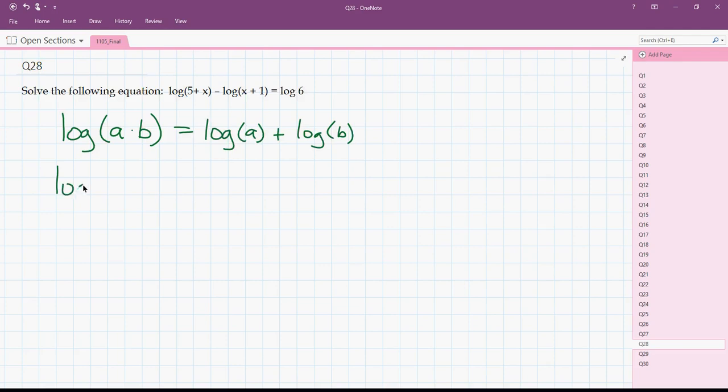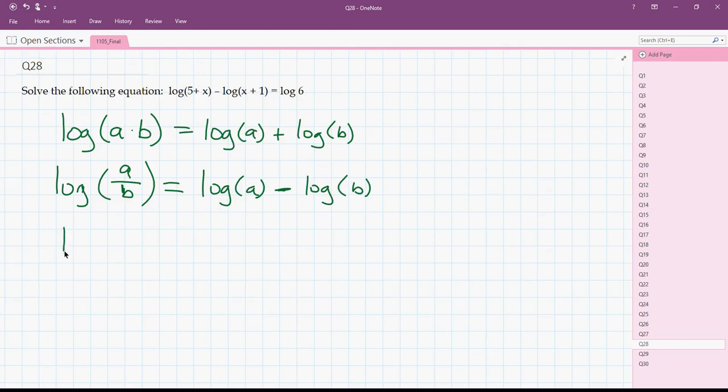If you have log of a divided by b, that's equal to log of a minus log of b. And if you have the log of a to the b power, the b comes out and down and becomes b times log of a.